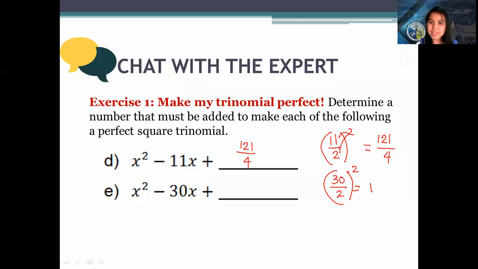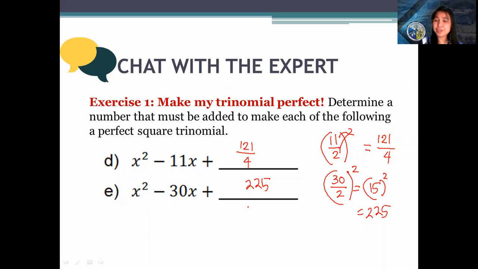So 15 squared, that is 225. Very good. This is the reason why I let my grade 7 students memorize the squares from 1 to 20, because these are very common up to grade 12.